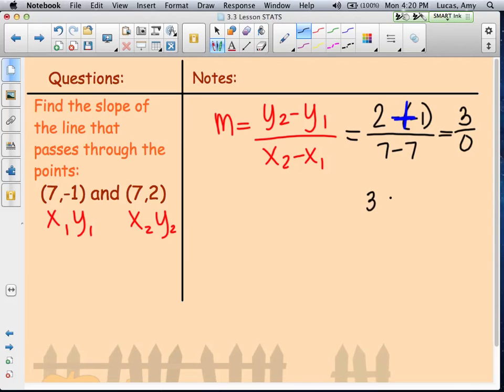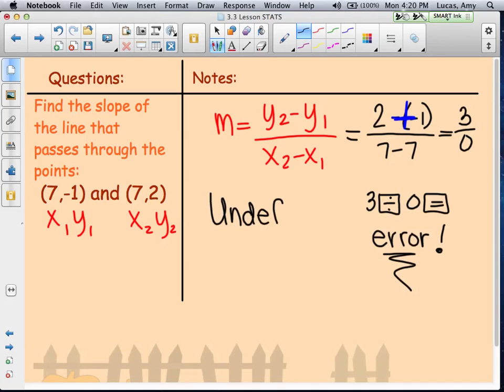If you put this in your calculator, 3 divided by 0 equals, it is going to give you an error message. The reason that it gives you an error message is you cannot divide by 0. So this is undefined. There is no slope to be found. It is undefined. It's a vertical line. So the difference is that the zero is in the denominator of the fraction, which is not allowed. You cannot divide something by nothing.